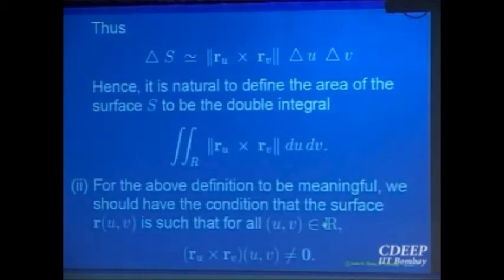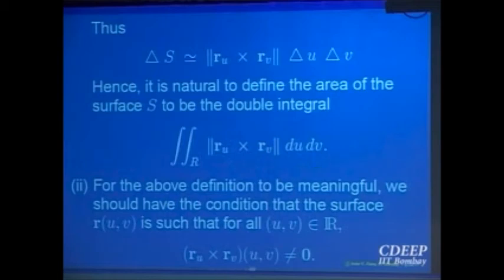Now one thing is there, of course, to compute this area. For a curve also, we made an assumption that the curve was a regular curve to make computations possible. What was the meaning of a regular curve? The norm of r prime t was not equal to 0 at any point. Similarly, if you want to say that this is a surface area and you are going to integrate this function, it should not be identically equal to 0.